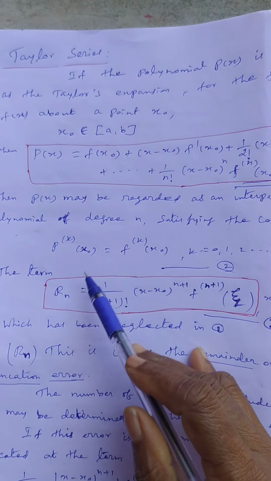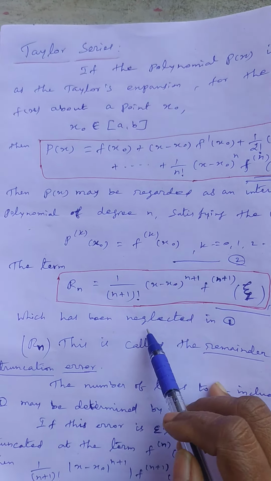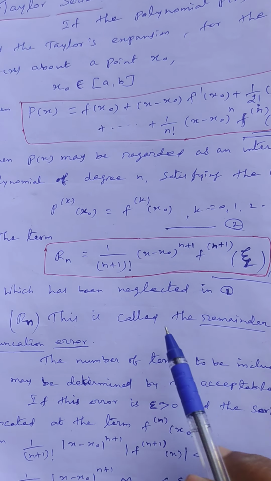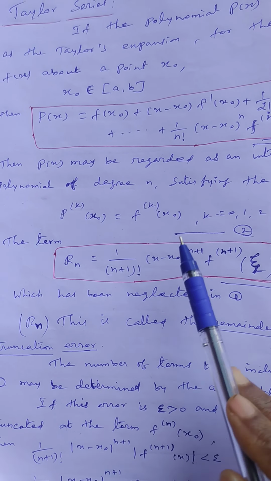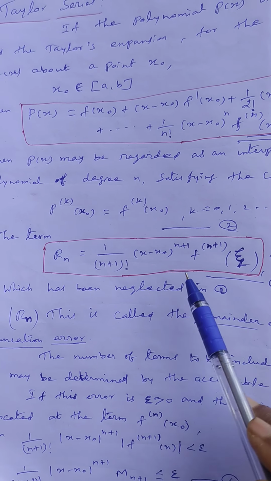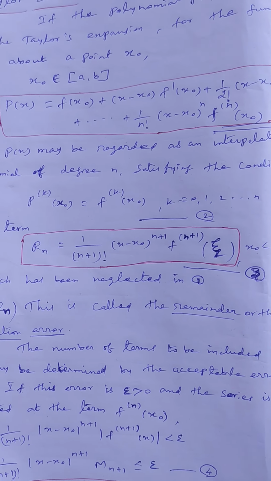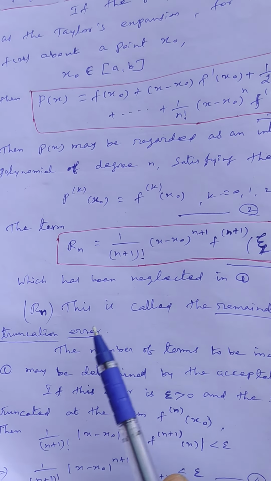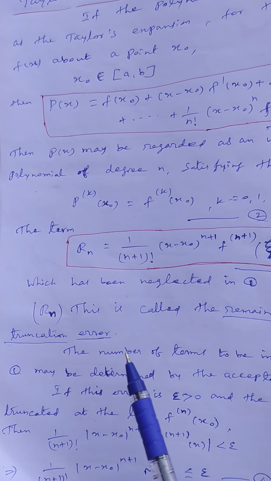This is the truncation error or remainder value of the above polynomial. So the truncation error R_n equals 1/(n+1)! (x - x0)^(n+1) f^(n+1)(eta). This is called the truncation error.